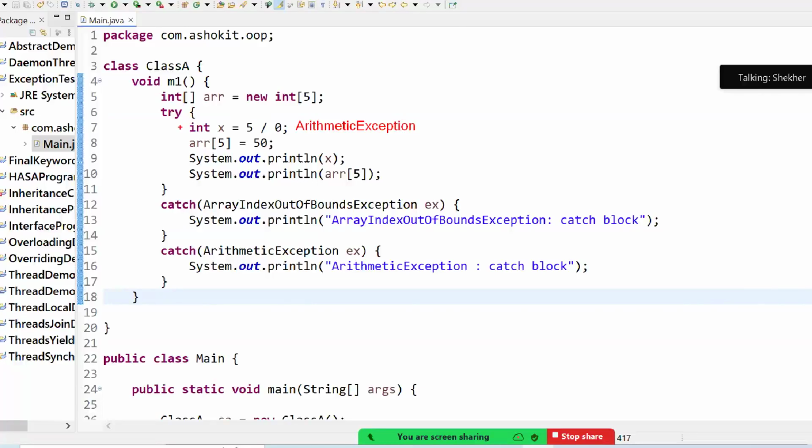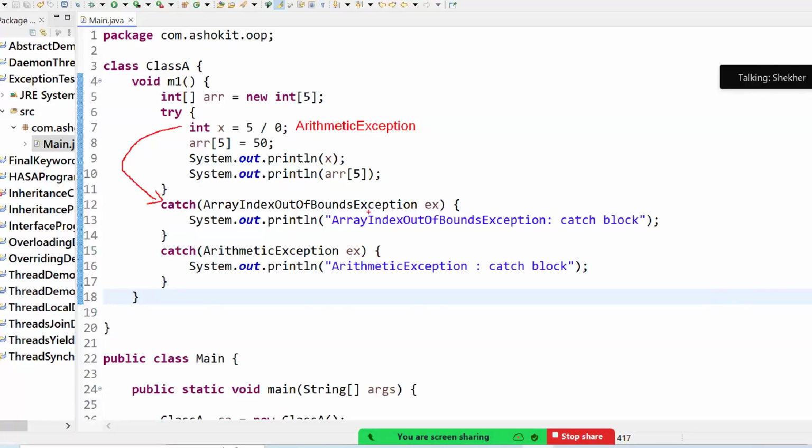Who is the nearest catch block? Always control goes to the nearest catch block only. It doesn't matter whether it is arithmetic exception or some other exception. First, always it goes to the nearest catch block. But tell me, this catch block has a parameter. Now the control checks what is the parameter of the catch block.